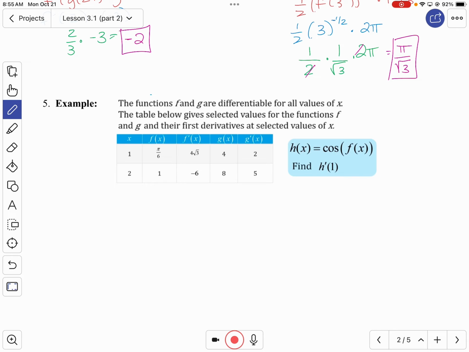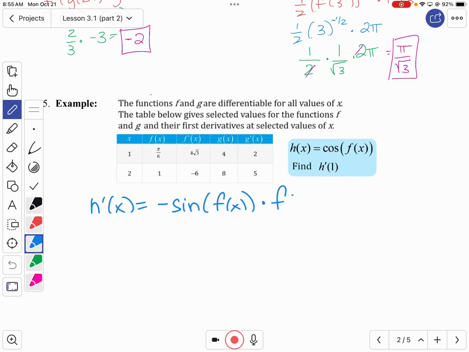Okay, so let's see how we did. Definitely chain rule, right? Because we got cosine of a function. So if we do our derivative, h prime at x, what's the derivative of cosine? Negative sine of f of x times f prime at x, okay? And then we want to evaluate at 1, so h prime at 1 is the opposite of the sine of f at 1 times f prime at 1.